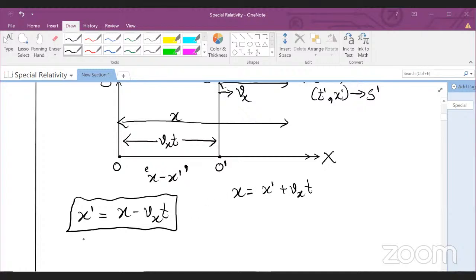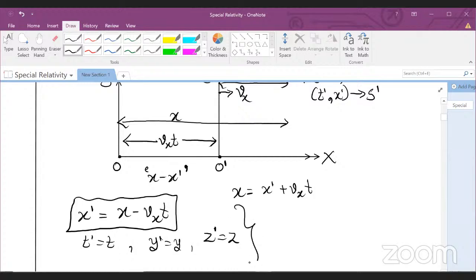Now, what is the time relation? According to Galileo, he assumed time to be universal. Time will be the same for any observer. Thus, t dash equals t. And since there is no motion in the y or z axis, we can write y dash equals y and z dash equals z.